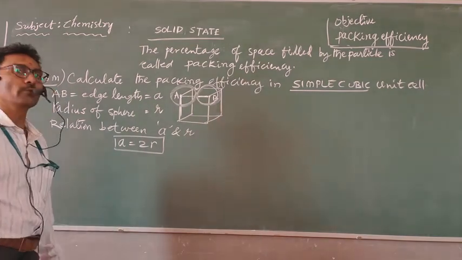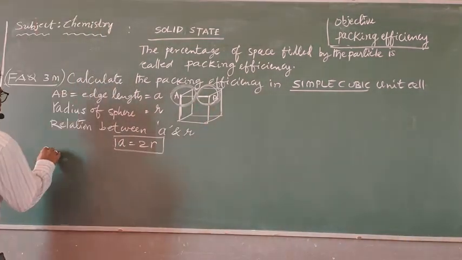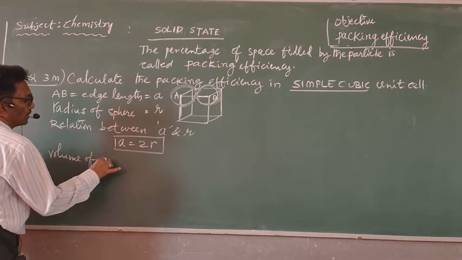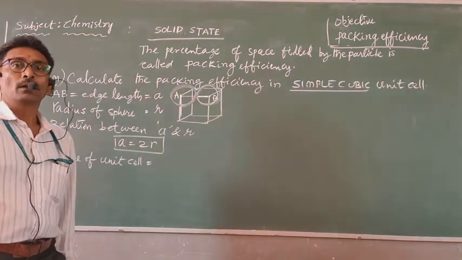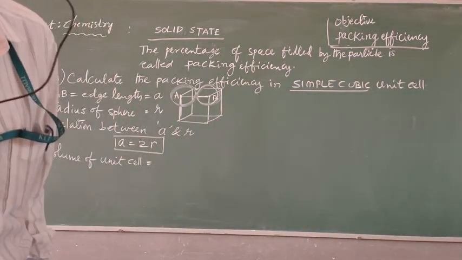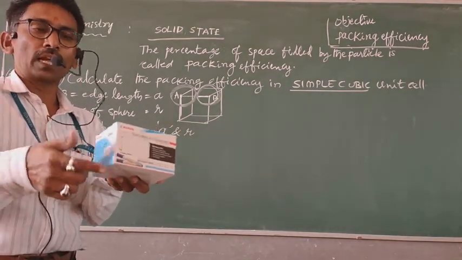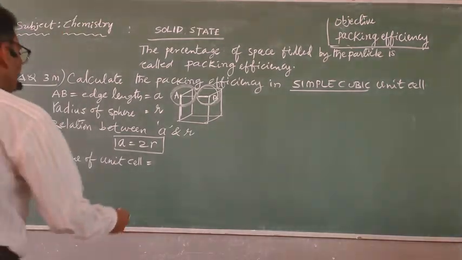How will we get the volume of the cube from mathematics? Volume of unit cell is calculated as a into a into a, side length into side length into side length, that is a cube.